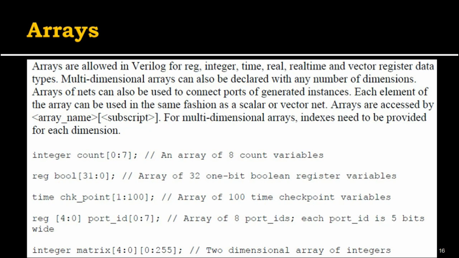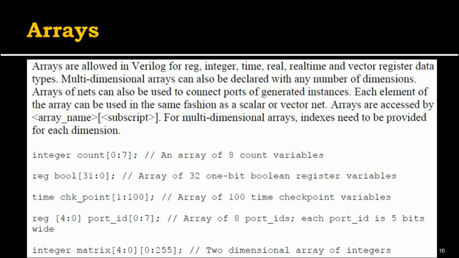Okay, then next one is arrays. As in a C program, here arrays are used for reg, integer, time, real time, and vector register data types. Multi-dimensional arrays can also be declared with any number of dimensions.